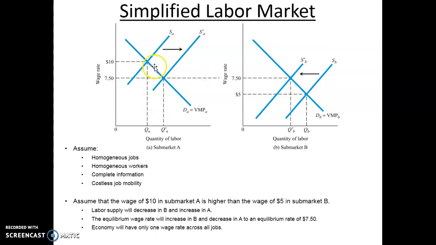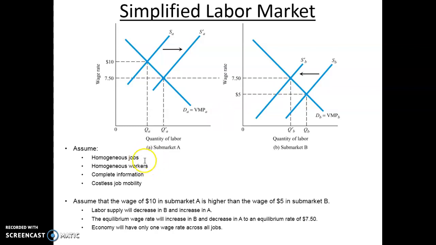And the wage is going to go down, approaching $7.50. Once the new equilibrium is reached in both markets, the wage is at parity, $7.50 and $7.50, there'd be no further incentive for these workers to leave B to get to A. Okay? So the new equilibrium, we might say, is a long-term equilibrium because these wage imbalances have been rectified. That's the way a simple labor market would work.